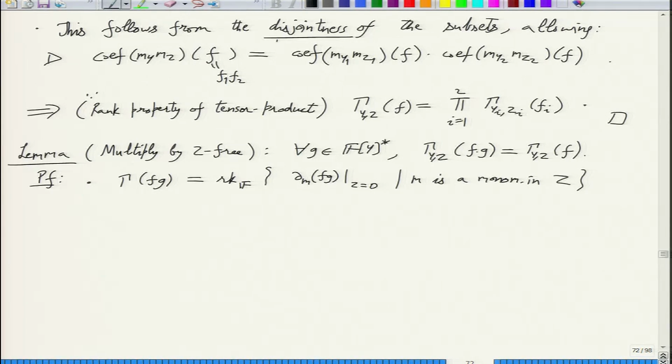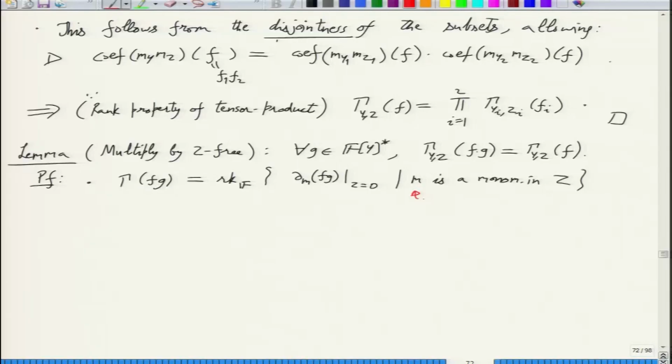This actually follows: M is a column in your matrix. So what does a column in your matrix represent? That is the question. It basically represents that you have differentiated f with respect to M, and then gotten a polynomial which is z-free, so it is only in y, and its coefficients are put in the column, right? So think in those terms. So this represents a column in the matrix.